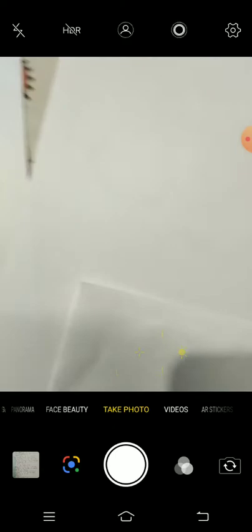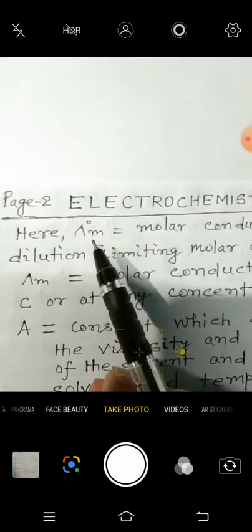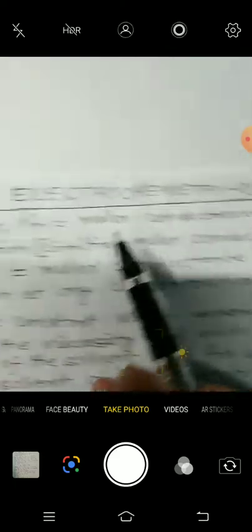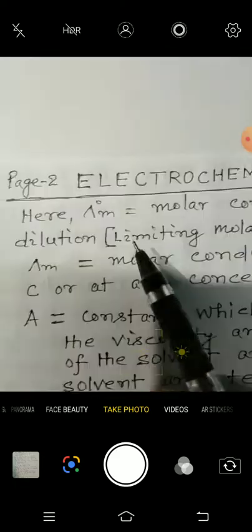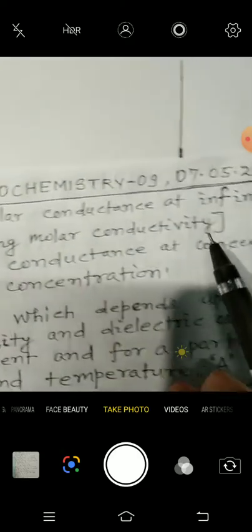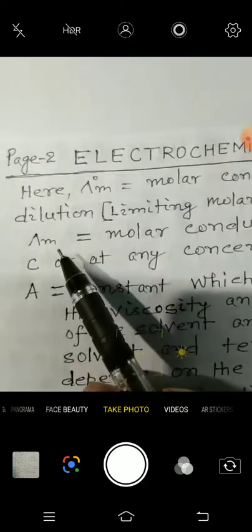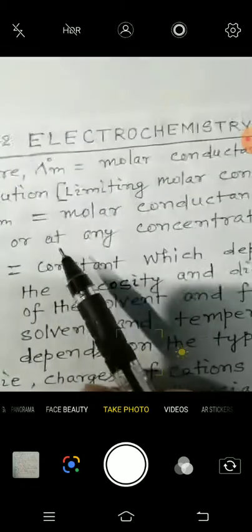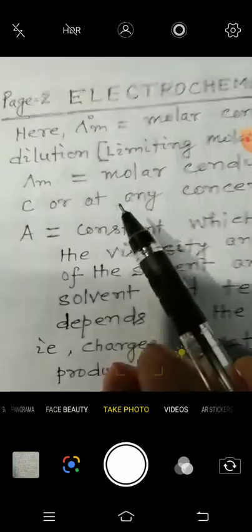Now, here lambda naught m is the molar conductance at infinite dilution, that is, limiting molar conductivity. Lambda m is the molar conductance at concentration C, or at any concentration.